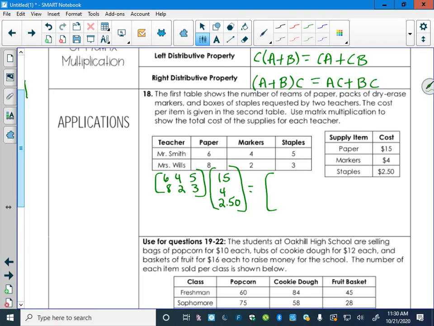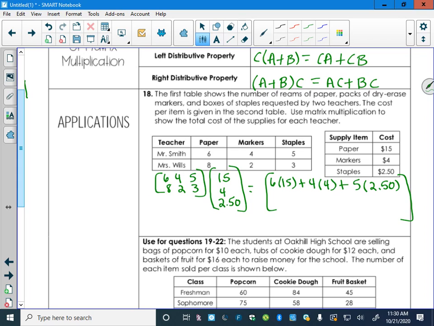So when I do that, to kind of get you started, this is going to be the first row multiplied by the first column. So I would do 6 times 15 plus 4 times 4 plus 5 times $2.50. And now you notice that's Mr. Smith's cost. He bought 6 reams of paper, that cost this much.